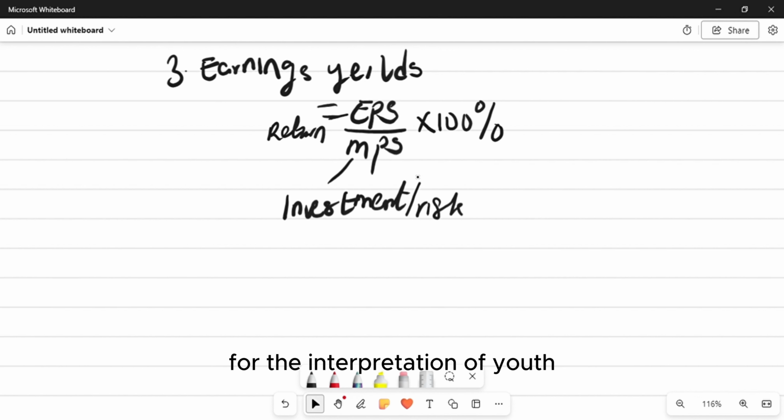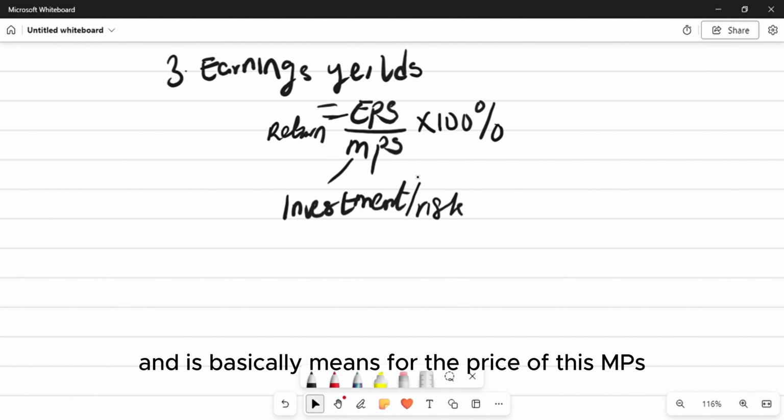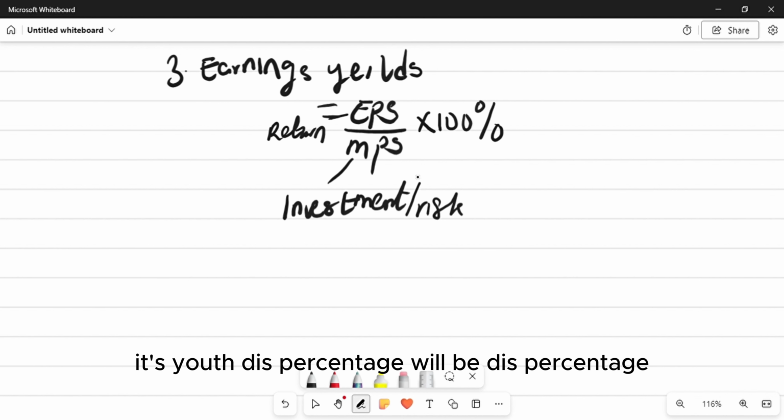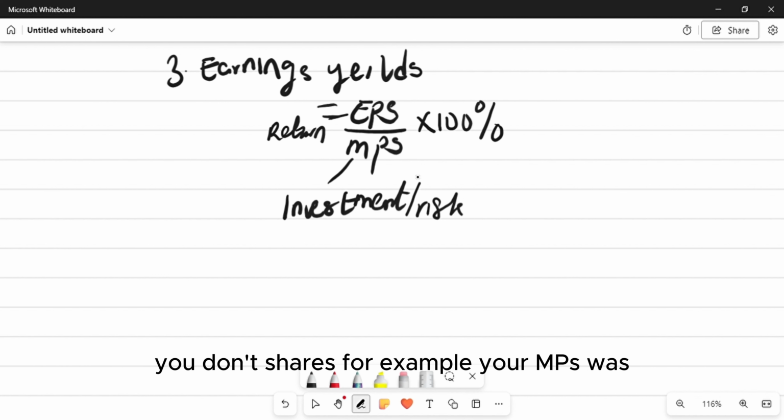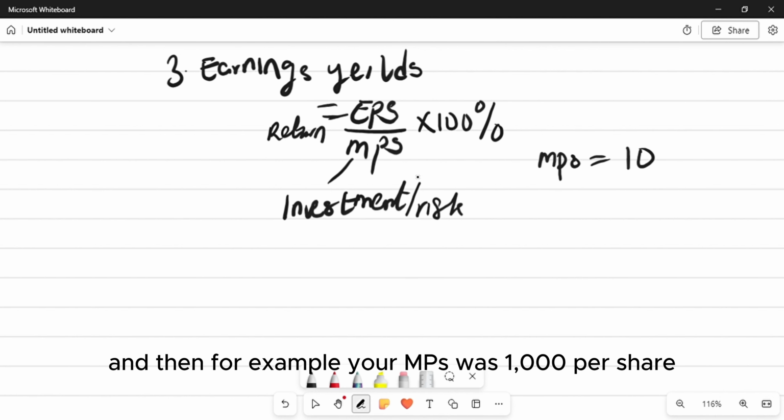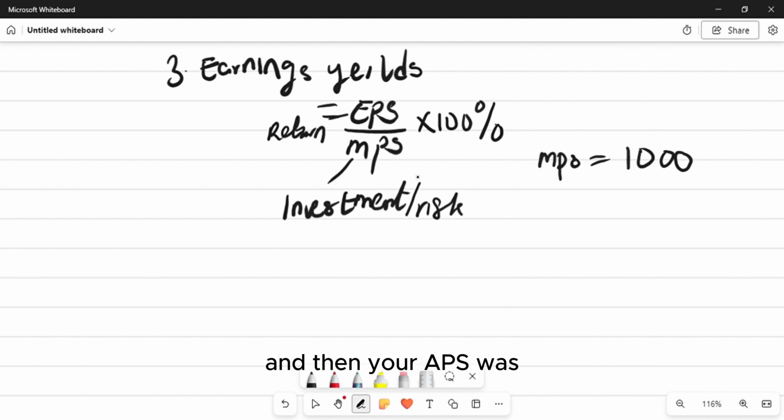The interpretation of earnings yield basically means that for the price of this MPS, it will yield this percentage on shares. For example, your MPS was 1000 per share, and your EPS was 300.